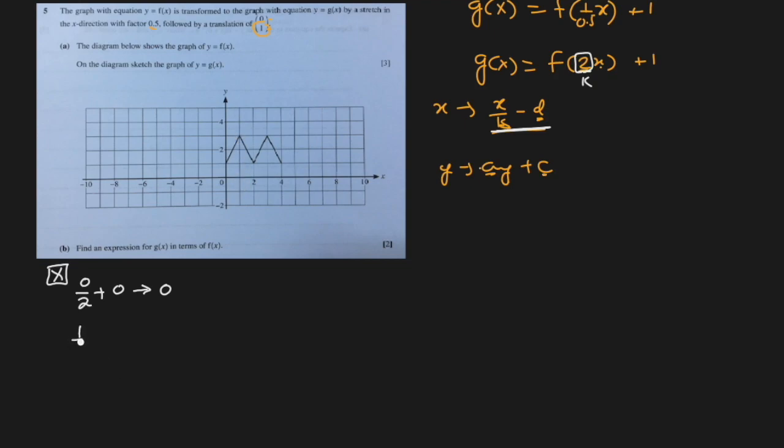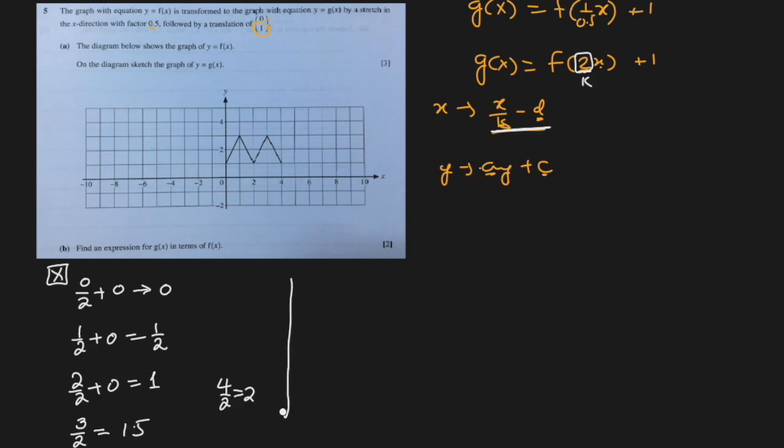So 1 divided by 2 plus 0 is half. So this is transformed to half. Okay, next we have 2. So 2 divided by 2 plus 0, which is 1. And finally 3 over 2 equal to 1.5 and 4 over 2 equal to 2. So x coordinates of these 1, 2, 3, 4, 5 are known to us now.